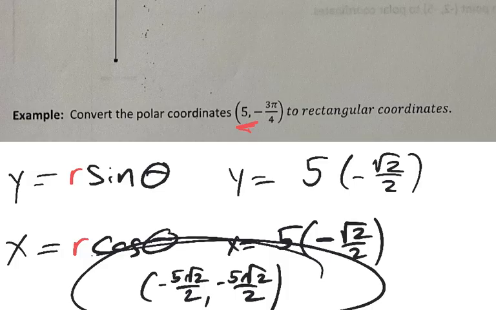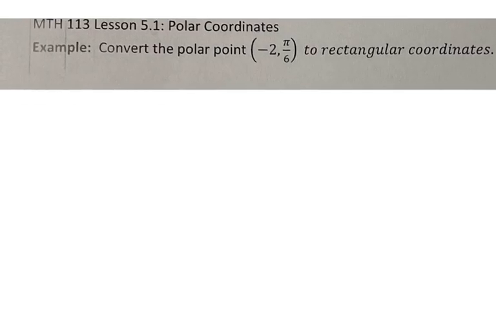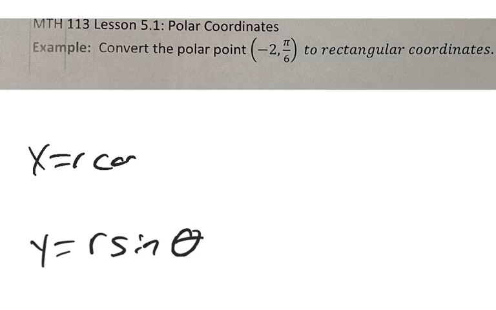Everybody okay with that? If this is polar, convert to rectangular. So y equals r sine of theta, x equals r cosine of theta. So for us here, x is equal to r, negative 2, times cosine of pi over 6.